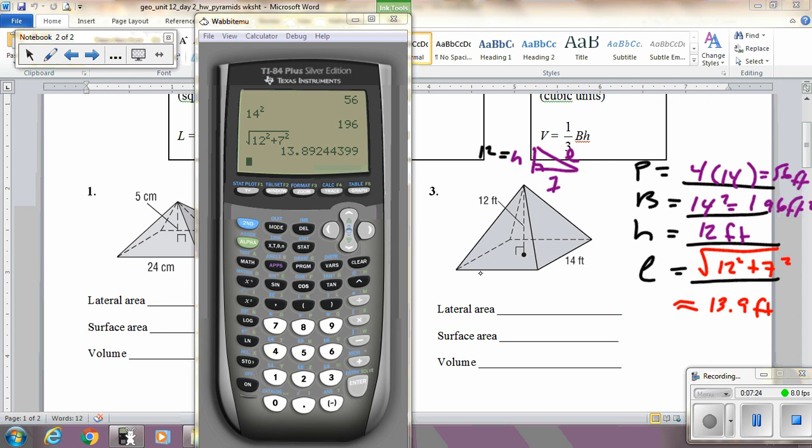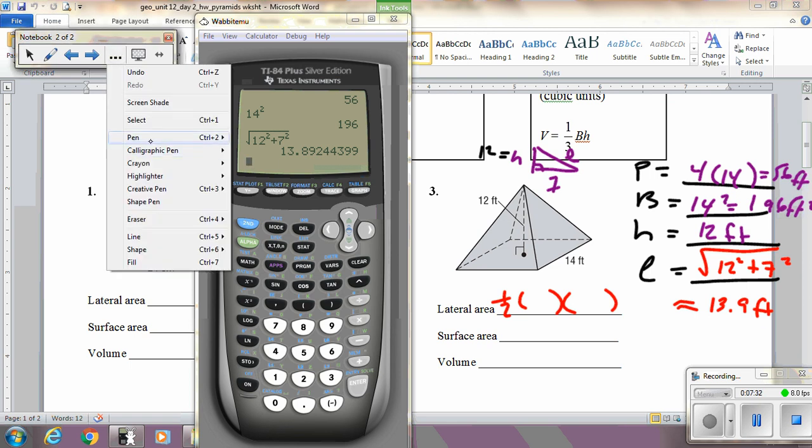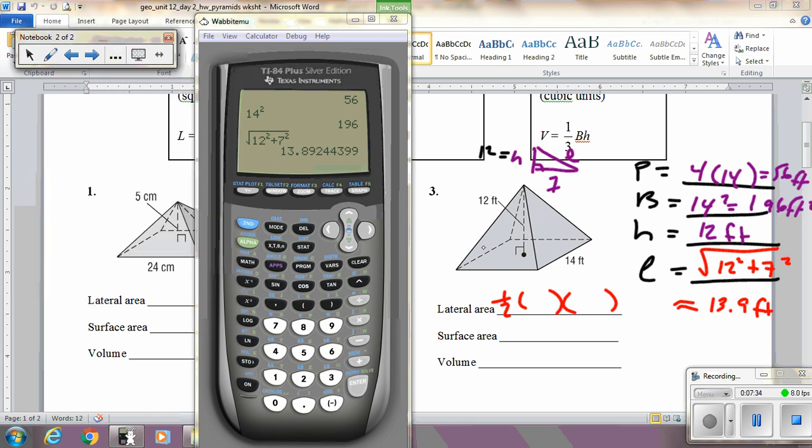So again, to find the lateral area, it's 1/2 times your perimeter times your slant height. Our perimeter was 56, and our slant height was 13.9.